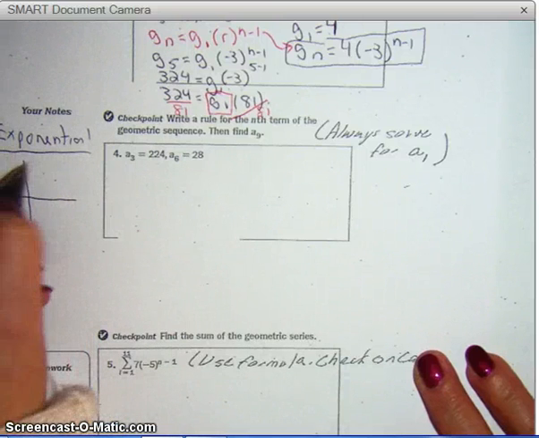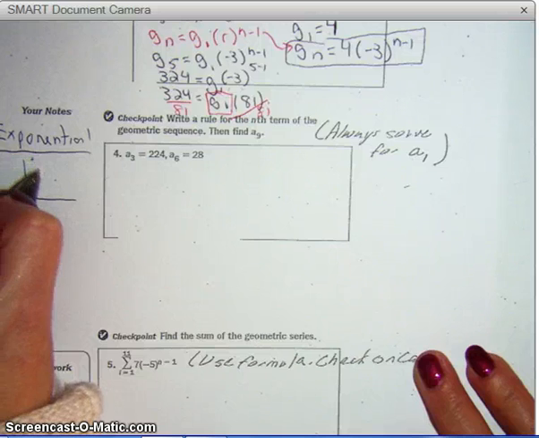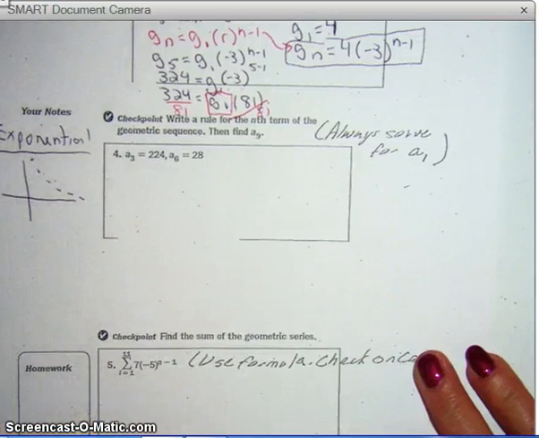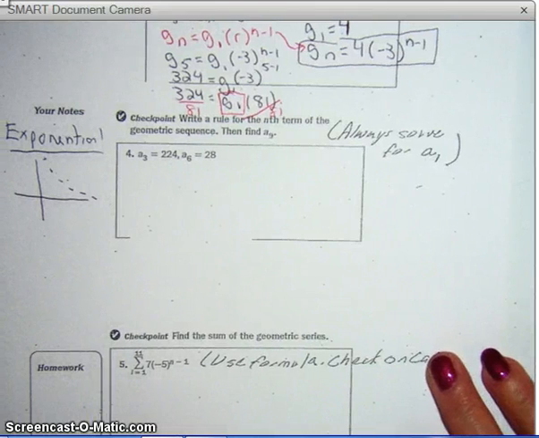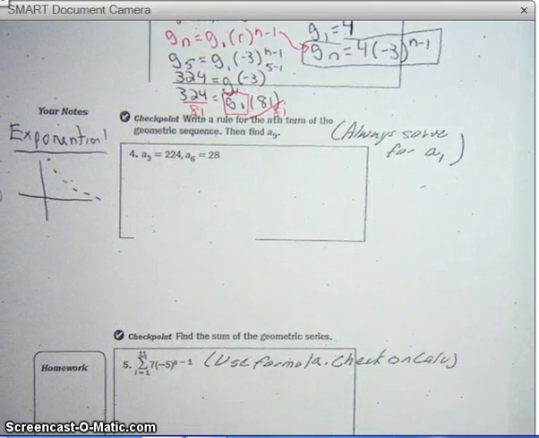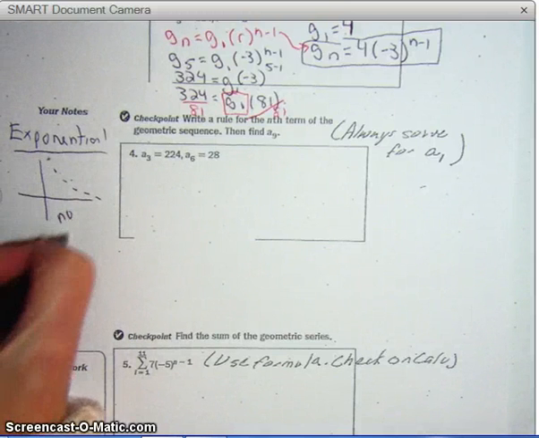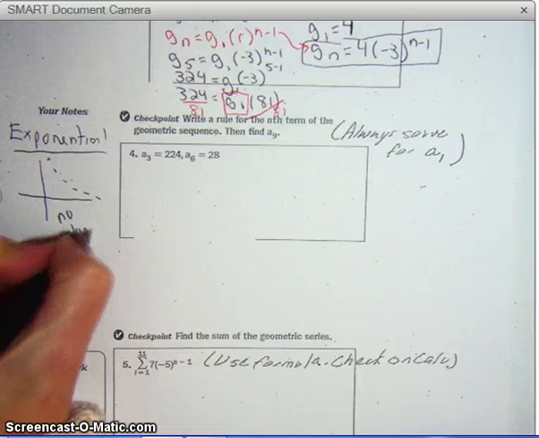So it would graph something like this. And an exponential graph does not have a slope, guys. So that's the problem with making ordered pairs, okay? You can't find the slope of an exponential graph.